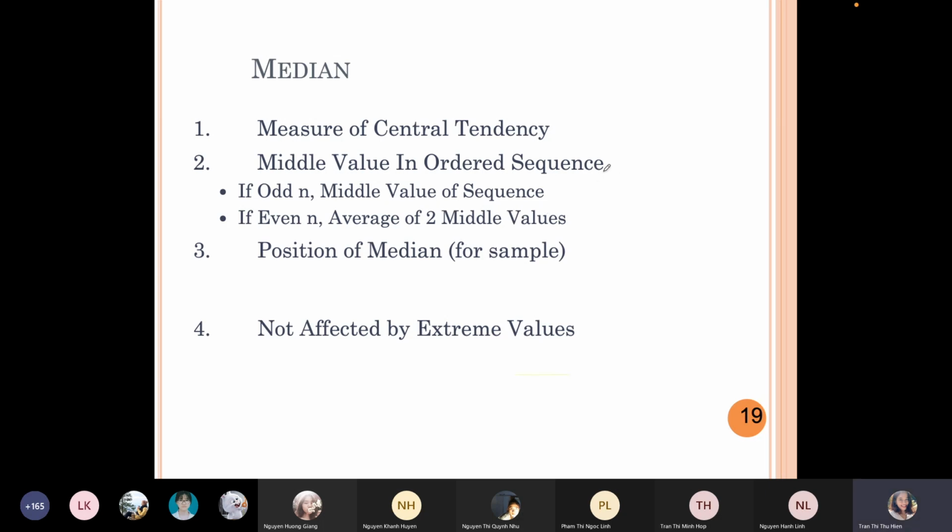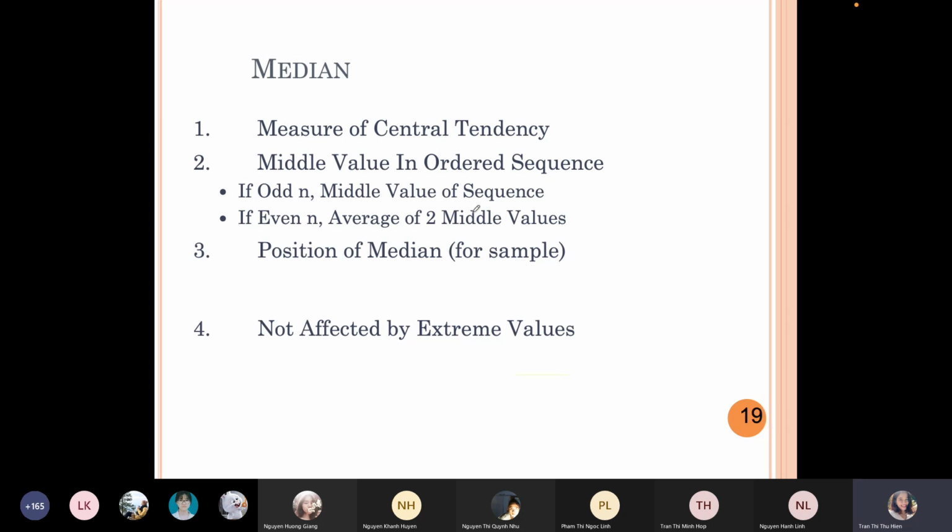We have the notation here for the middle value. When you have an odd number of observations, it is the middle value of the sequence, but sometimes there is an even number of observations, so you have to take the average of the two midpoints.